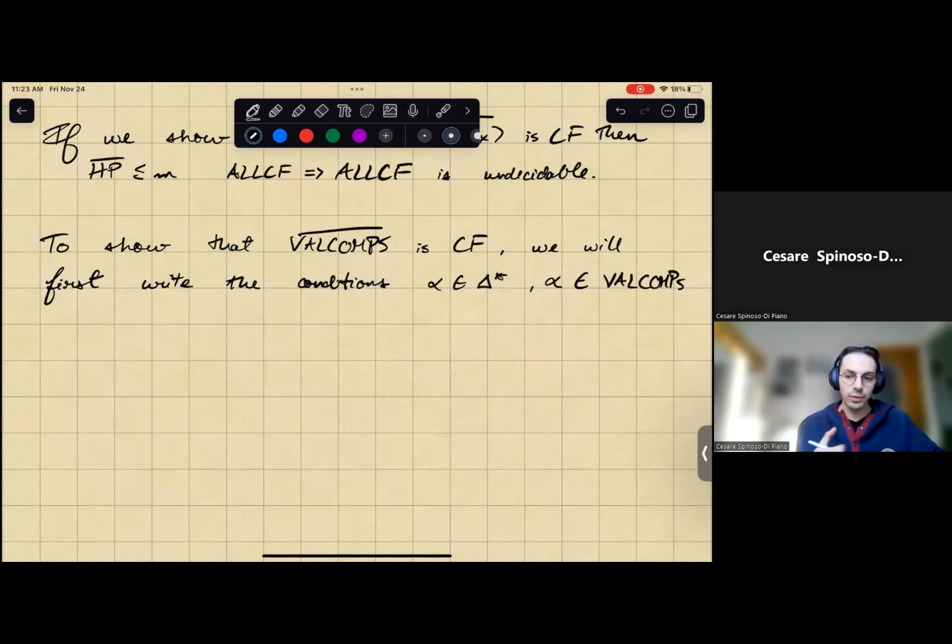Because then we're going to see that for a string not to be in Balcom's, it can't respect at least one of those conditions. So really, we're just going to take the complements of each of those conditions.